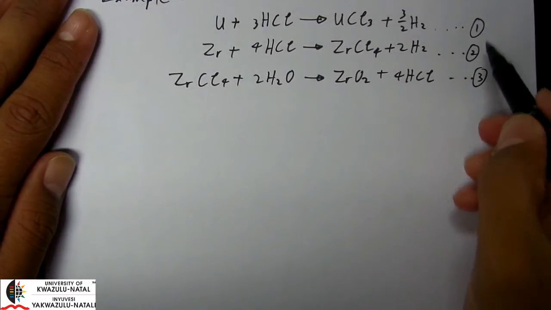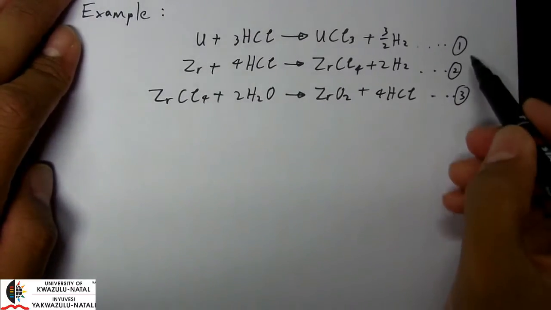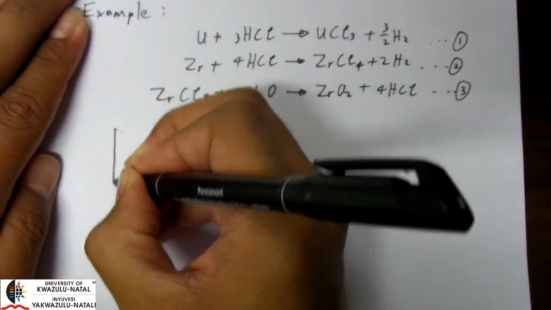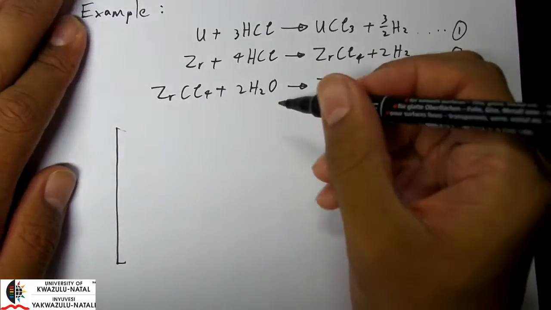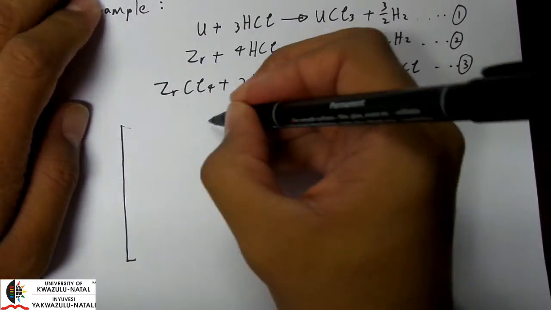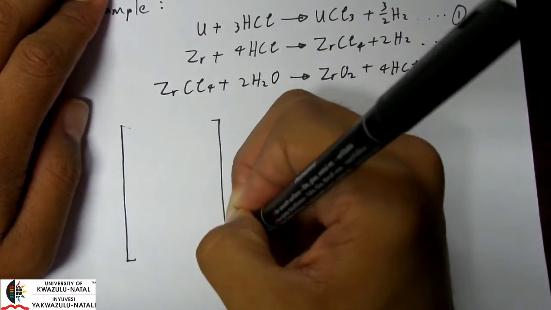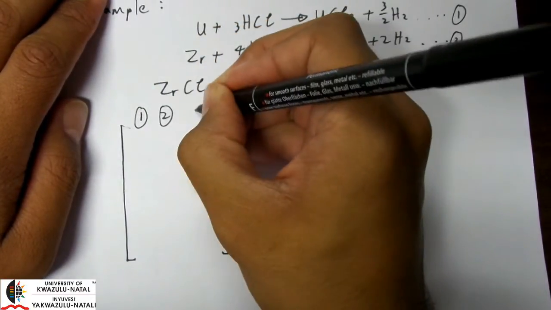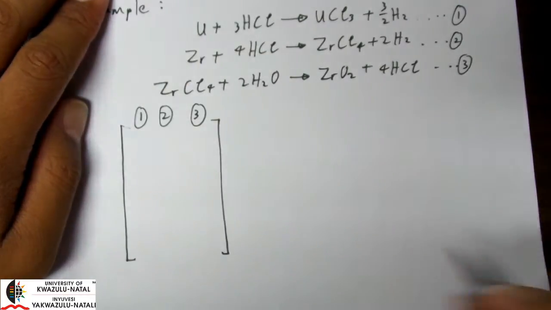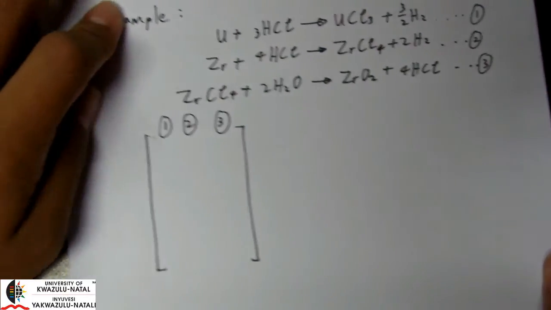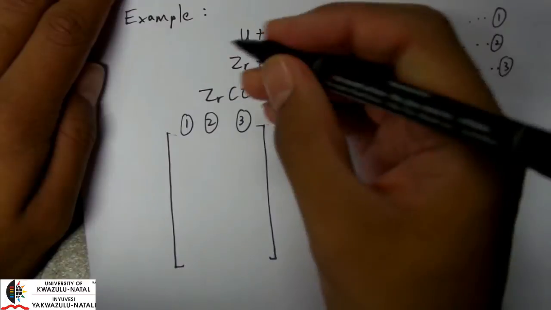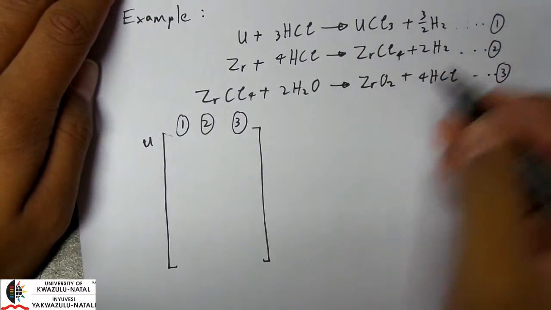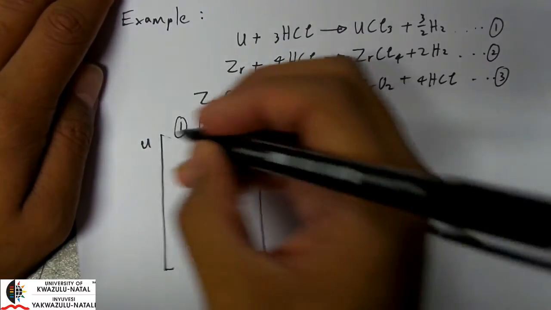Okay, so I've numbered my reactions 1, 2, and 3. And if I had to put all of my species in a matrix, okay, so I have 3 reactions, so the matrix will have 3 columns. And we'll look at all of our species that are occurring in these reactions.